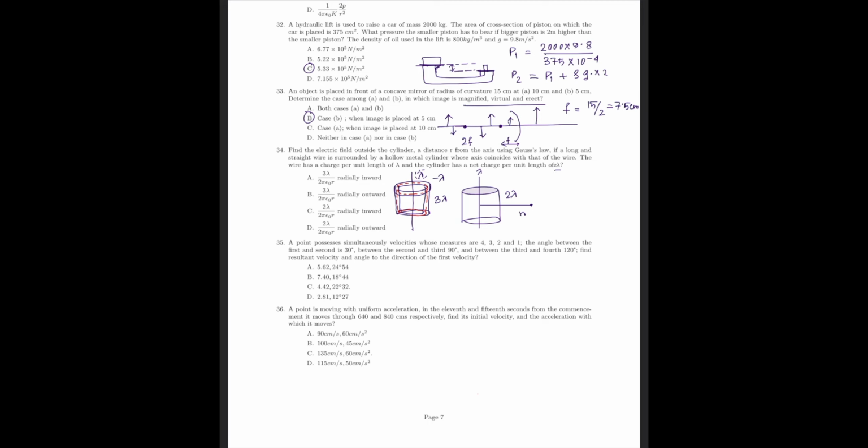Now you can imagine a Gaussian surface at a radius r like this, and you need to use Gauss law, which is the integral of E dot dS equals the net charge, which is 3 lambda L by epsilon naught, where L is the length of this Gaussian cylinder.